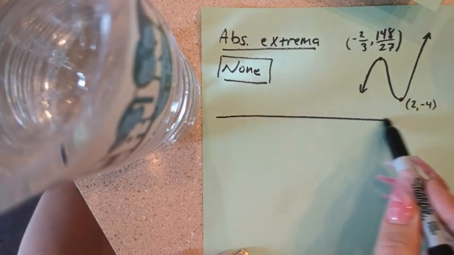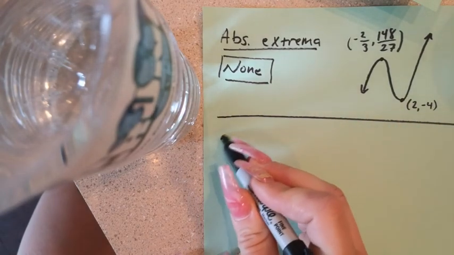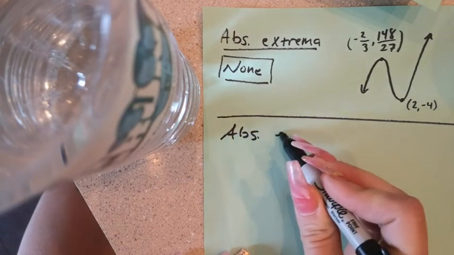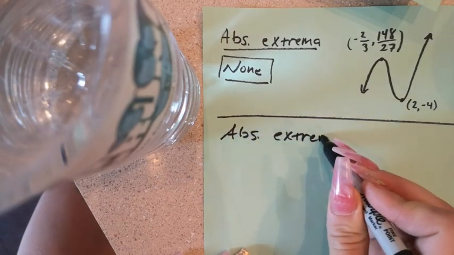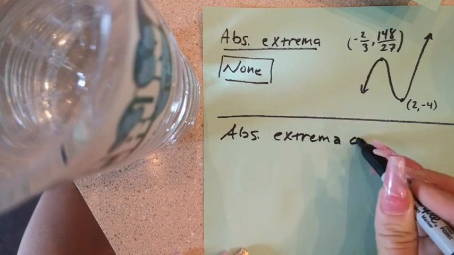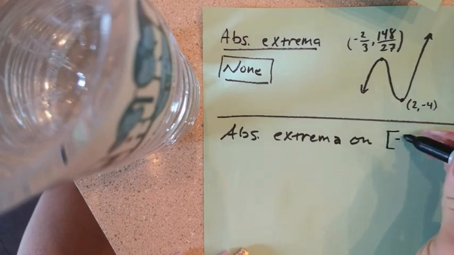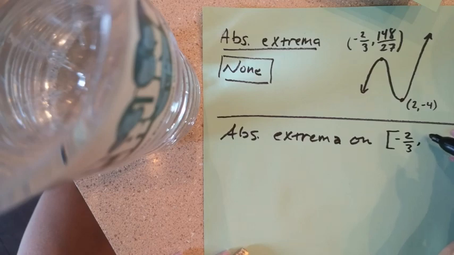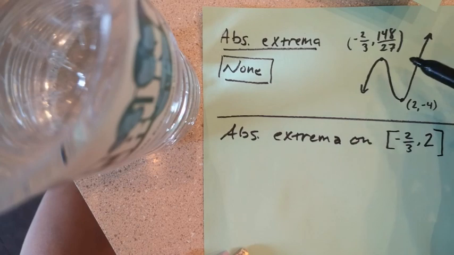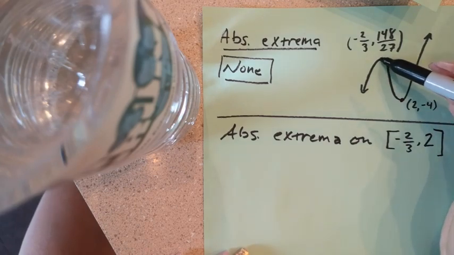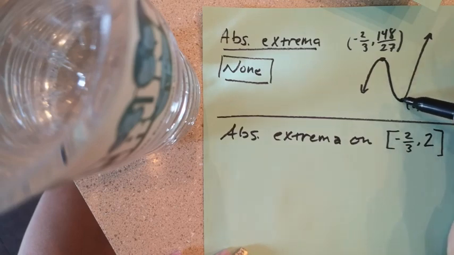But we could restrict the domain. We could say something like, find the absolute extrema on, I don't know, the interval -2/3 to 2. In that case, we would only be looking at this interesting part of the graph, from here to here.